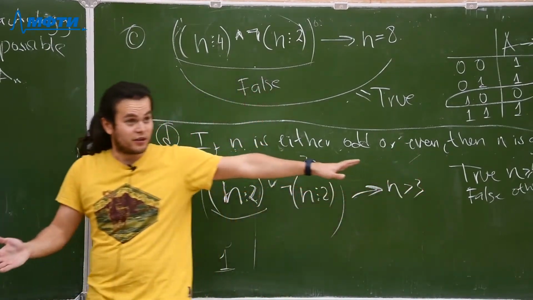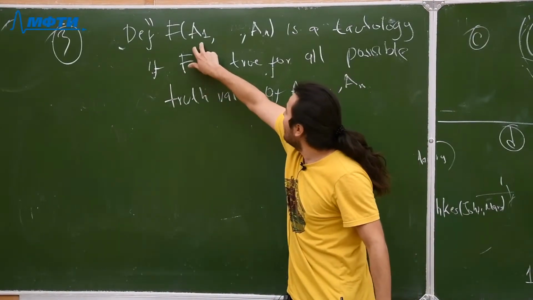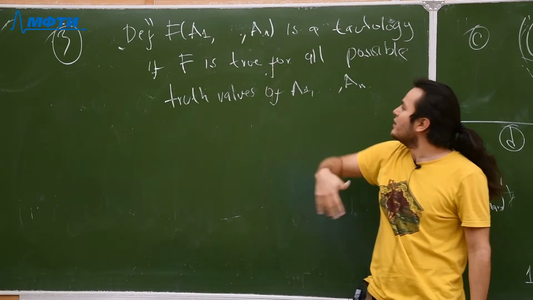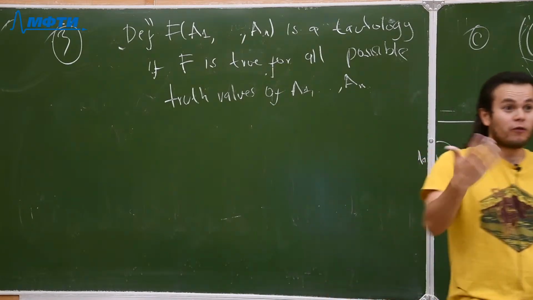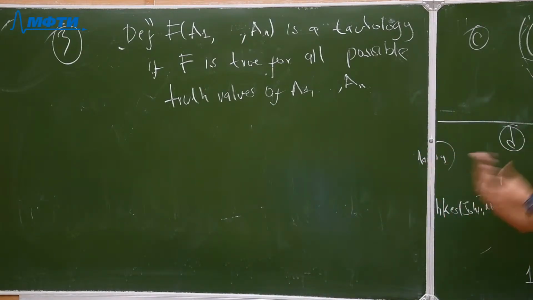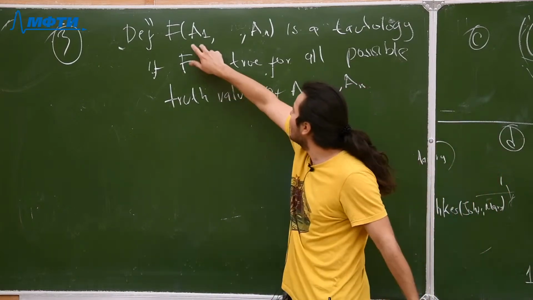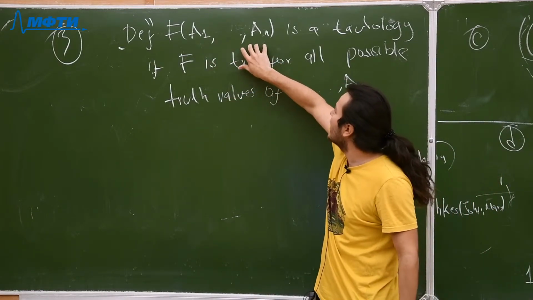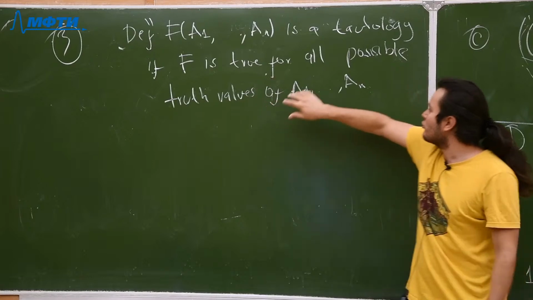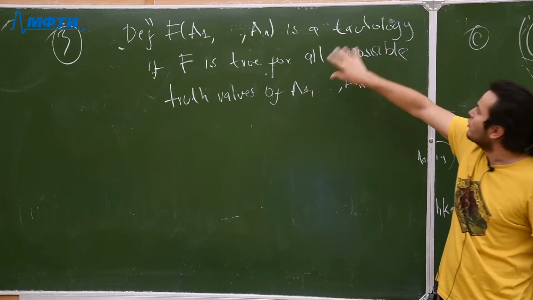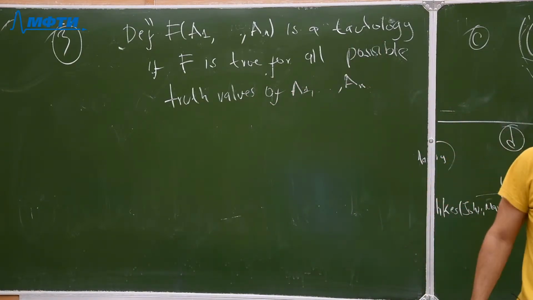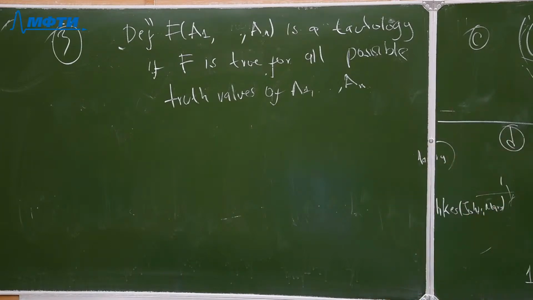That's it. And a1 and an can take values true or false, and it doesn't matter what values these statements take. If f is always true, then this is called a tautology. That's it.